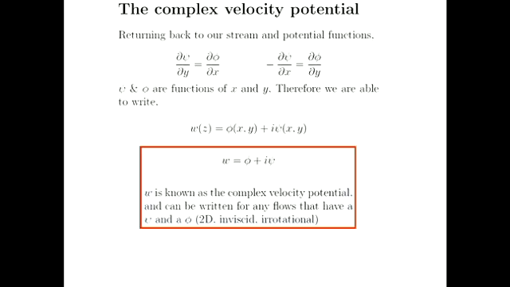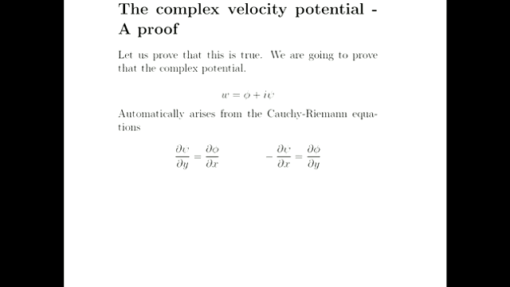So for any 2D inviscid incompressible flow, which by definition I should be able to define in terms of a stream function and a potential function, I can also write out a complex solution for that flow in terms of the complex potential. And I'll hopefully show you why that would be useful.